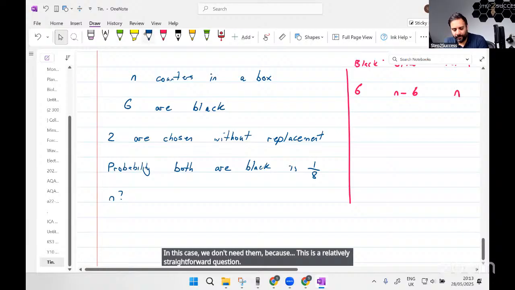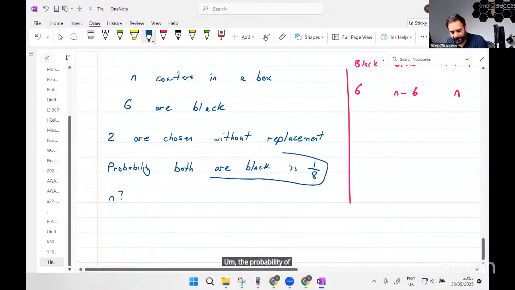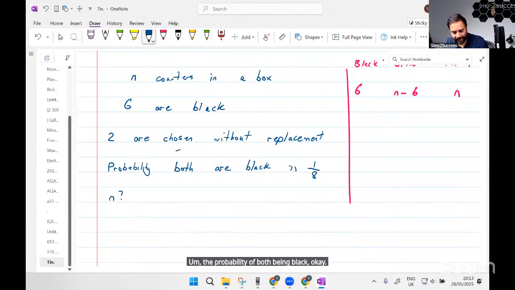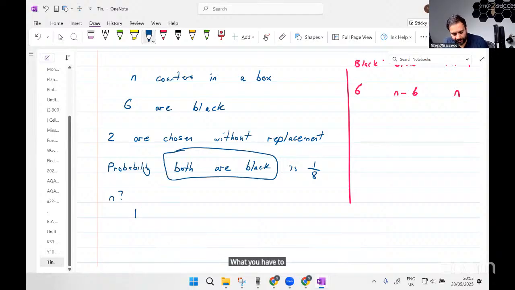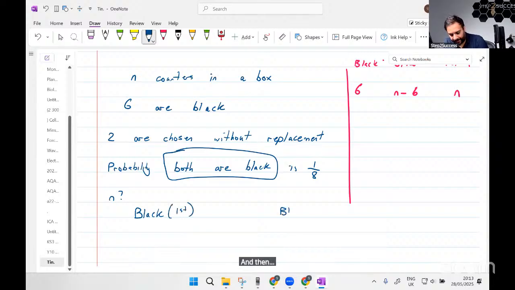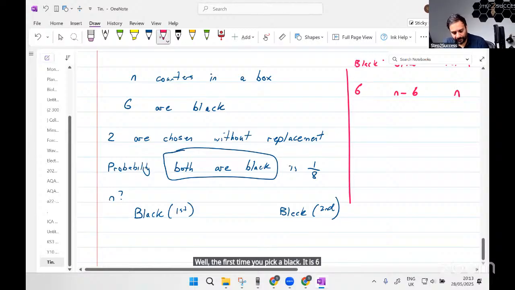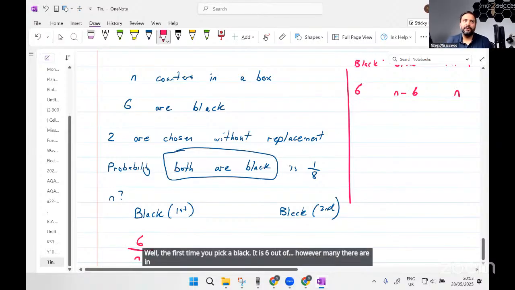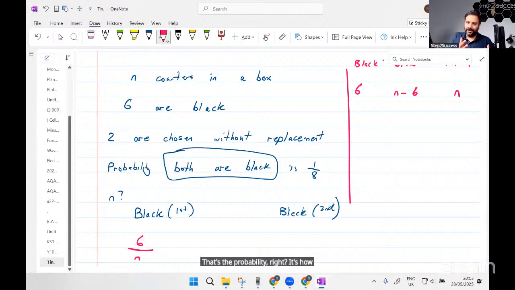The probability of both being black. What you have to do is think, well, what's the probability of picking a black the first time? And then what's the probability of picking a black the second time? Well, the first time you pick a black, it is 6 out of however many there are in total. That's how you do probability.